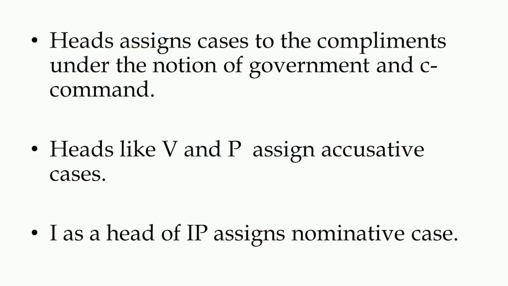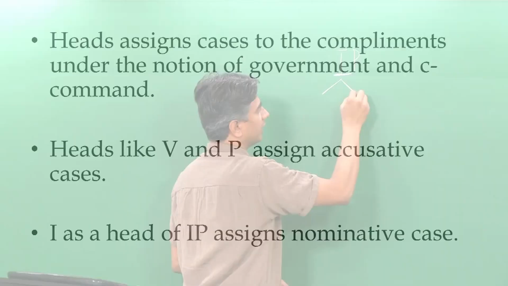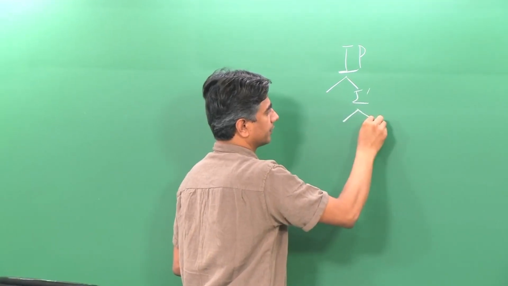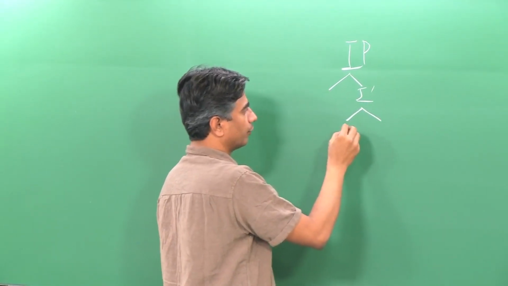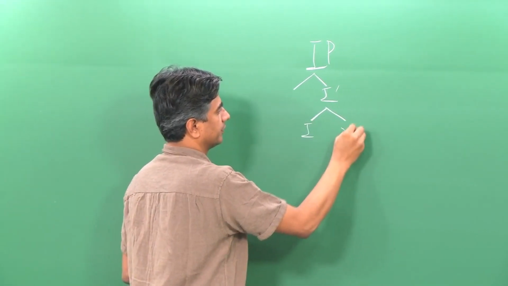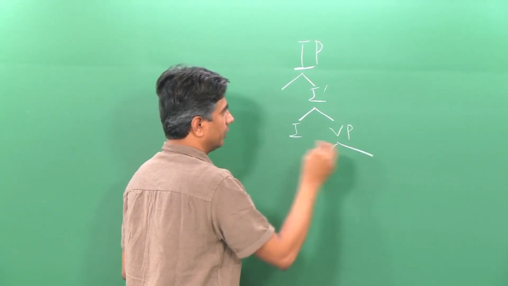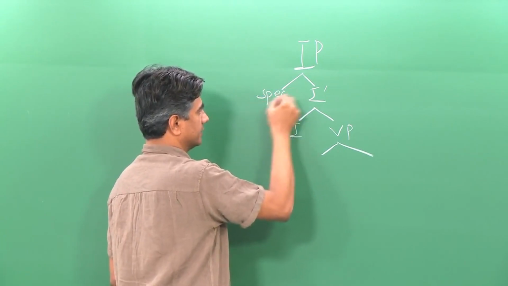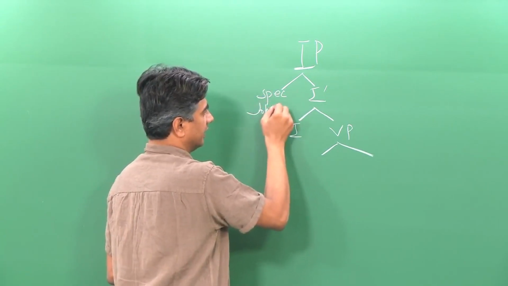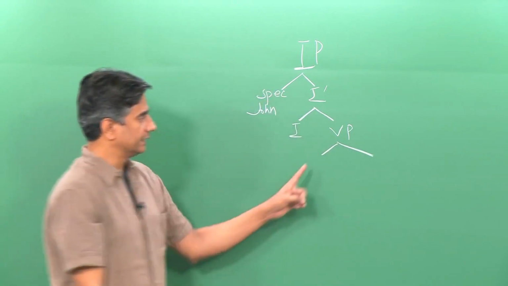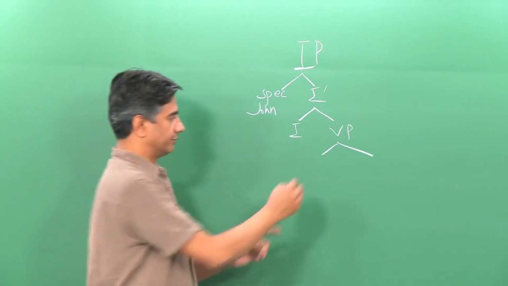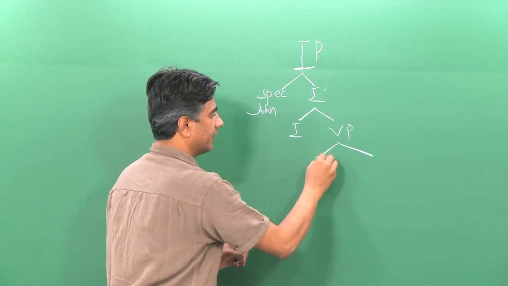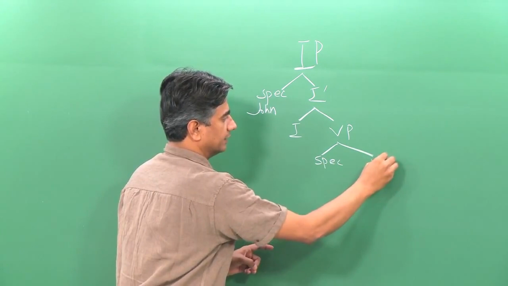So look at the following. In a sentence in this structure of IP, we have the specifier John as the subject, and in this VP we have a specifier and then V bar.